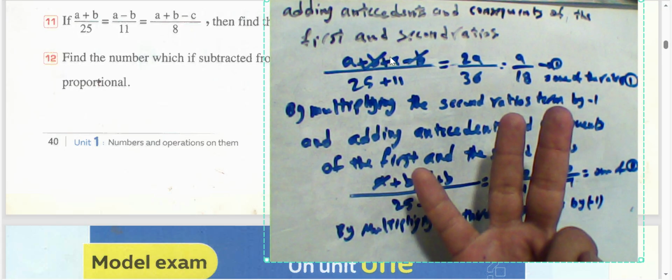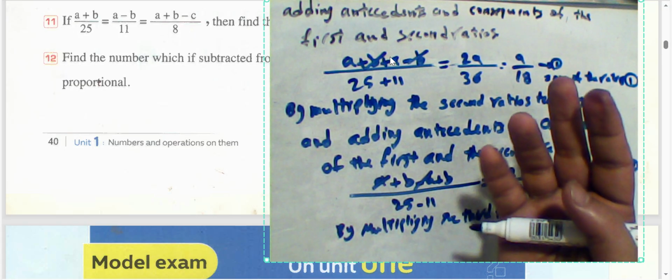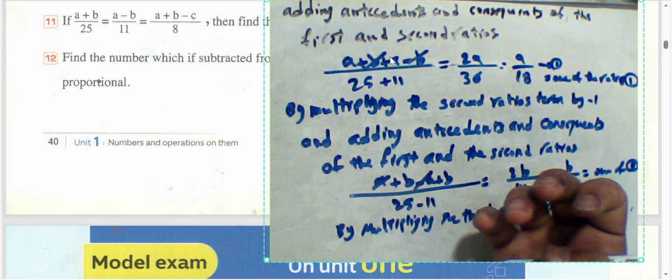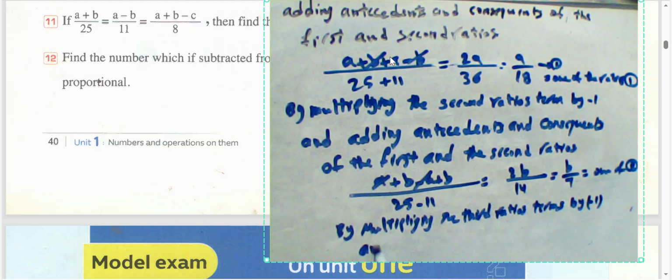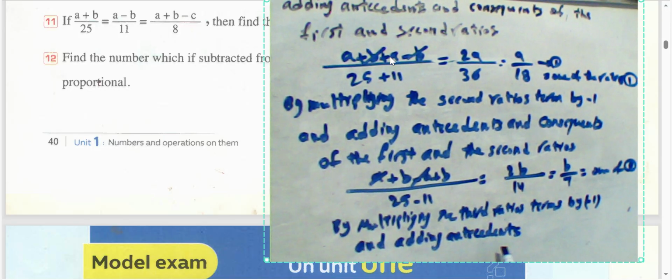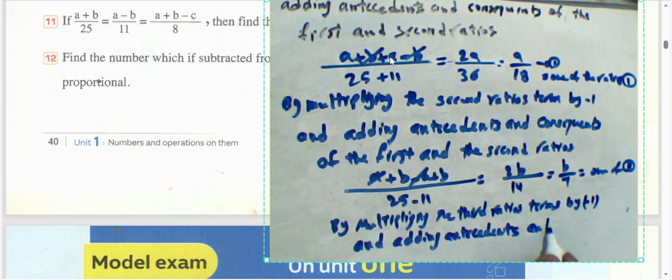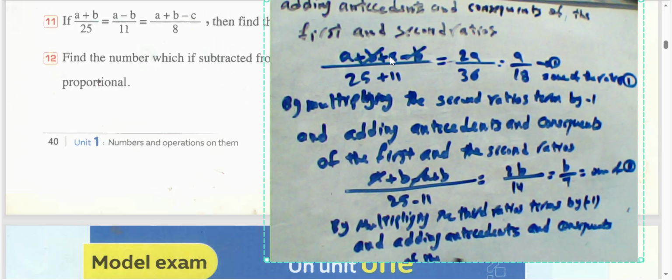Okay, I will multiply the third by -1, numerator and denominator, consequent and antecedent, and add antecedent and consequent of the first and the third.